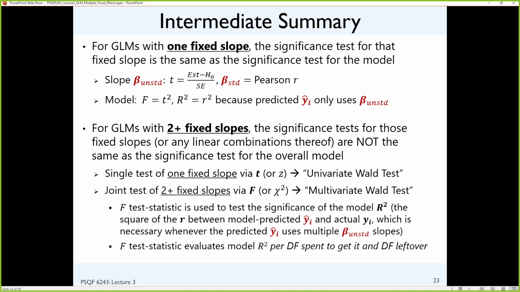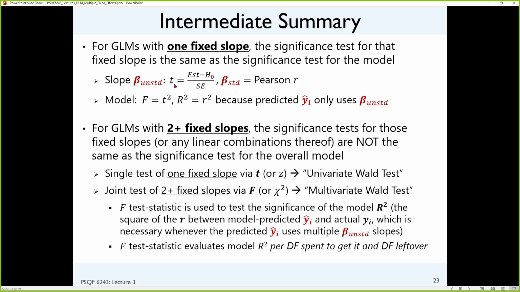For general linear models with one fixed slope, the significance test for that slope is the exact same thing as the significance test for the model. For instance, if I have one quantitative predictor and I want to look at a linear relationship for it, then I can test that slope against a null hypothesis, usually 0, divide by the standard error, and that gives me t.